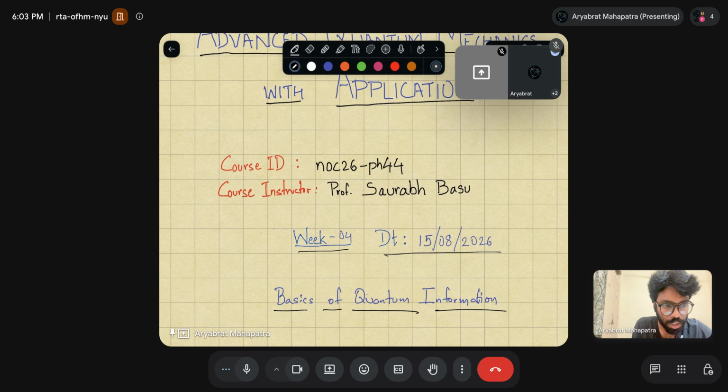We will be seeing the idea of qubits, which are the basic information that you will be dealing with when we talk about quantum computers.